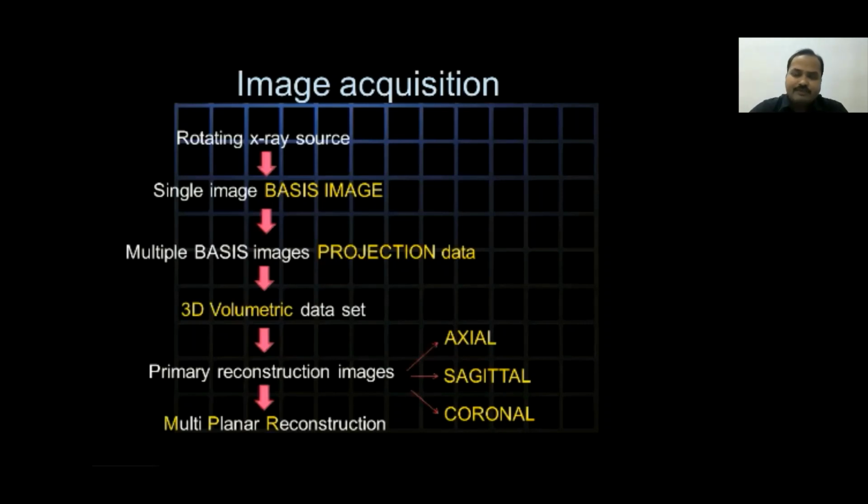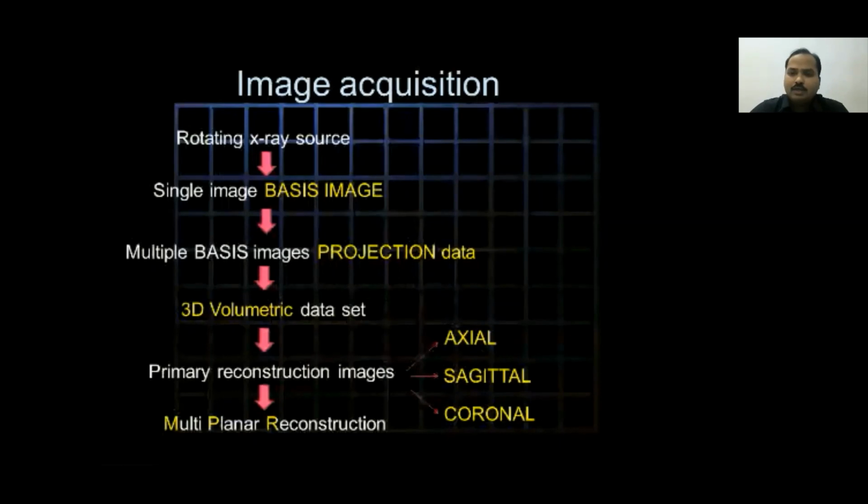So the basis image is the single image produced by the rotating X-ray source, and such multiple basis images will form the projection data. This projection data will be seen as a 3D volumetric data set and will be utilized for the primary reconstruction of the images.